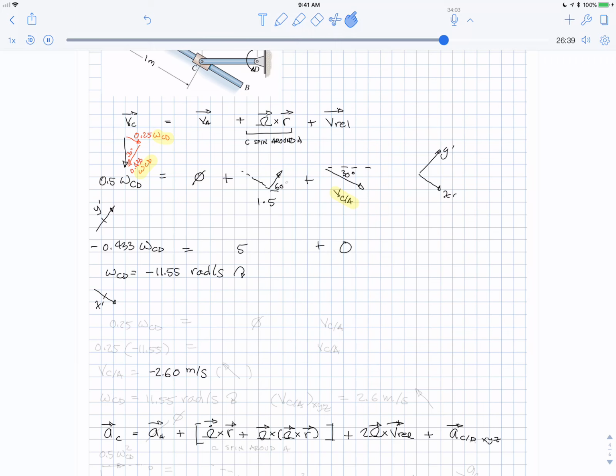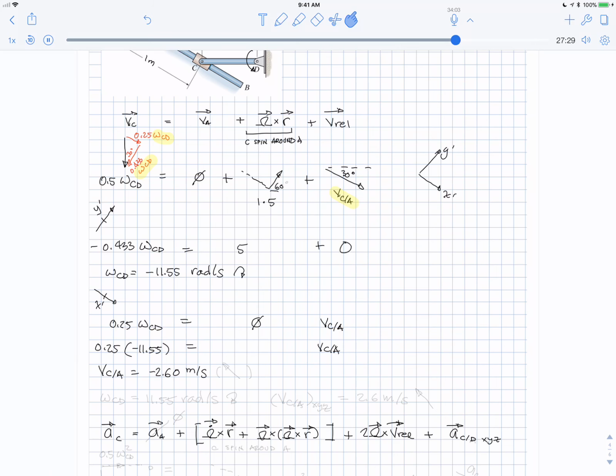I'm taking downhill as positive, so 0.25 omega CD, and I'm going to put in negative 11.55 for that, equals, so that 1 times 5 does not have a component in the X direction, and we get VC relative to A. Plugging in the numbers, 0.25 times minus 11.55 equals V of C relative to A, and that gives V of C relative to A equals minus 2.60 meters per second.